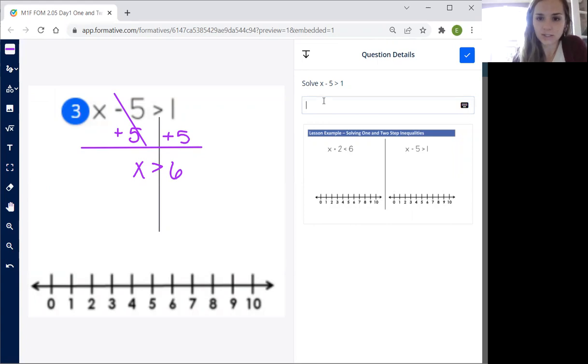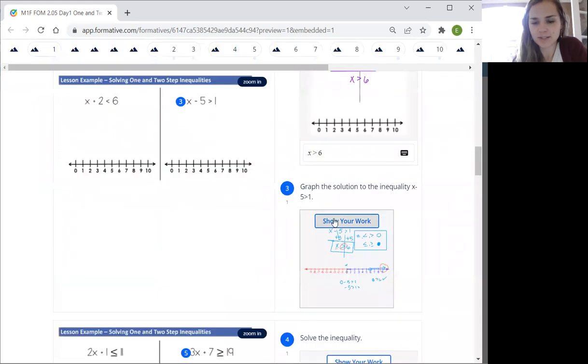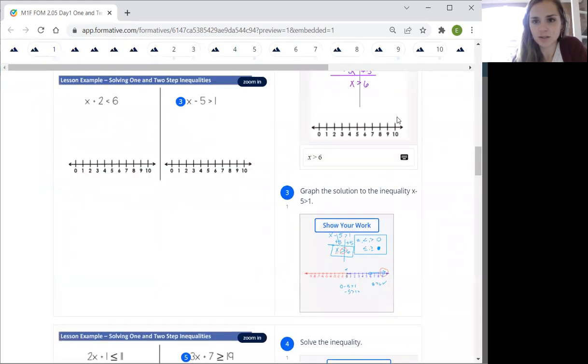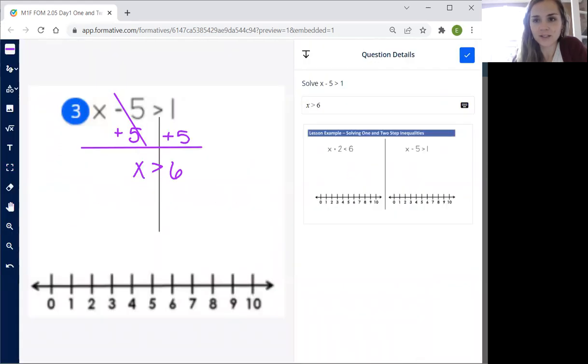Okay, and that's what you guys are going to type in this box. x is greater than 6. Graphing the solution. Okay, so if I have x is greater than 6, and I want to graph that solution for inequalities, if you have an open dot, that means you have a less than or greater than.